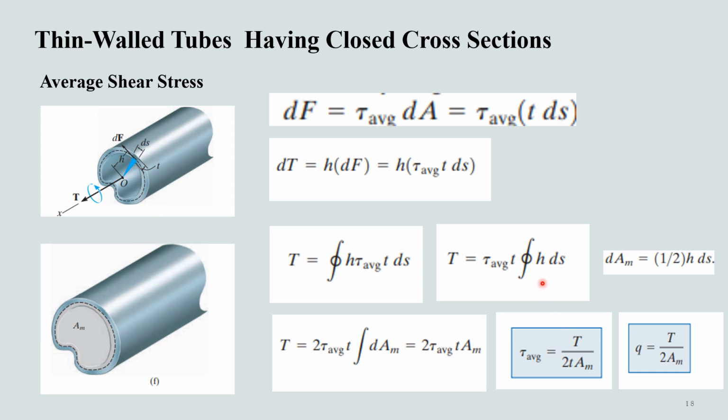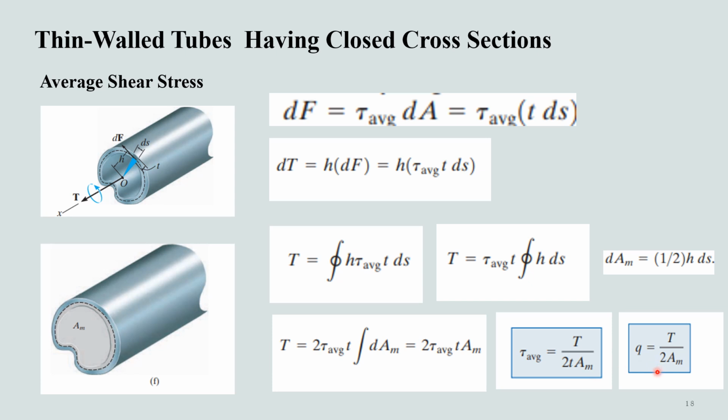Thus, if we replace this h ds by 2 dAm, then this integral can be replaced by this mean area. Solving for tau average, we have T divided by 2 times thickness times the mean area.